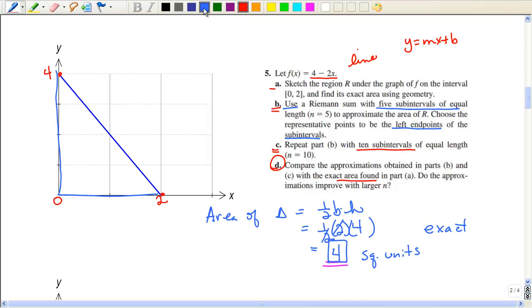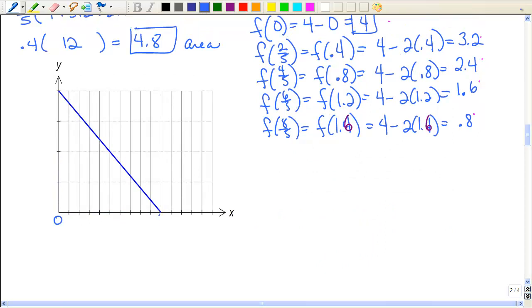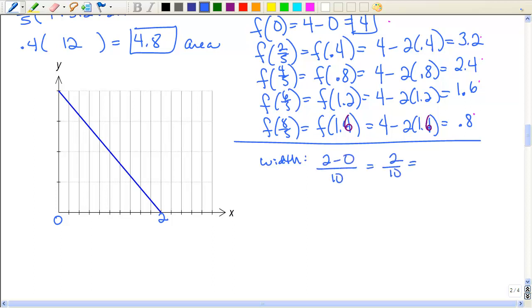Oh my. Again, it's just a lot of calculator work. So again, I've tried to draw the picture. This is still 0 to 2, but I've divided it into 10 subintervals. So this time the width is going to be 2 minus 0 over 10. So that's 2/10, which is 0.2, which was half of 0.4.